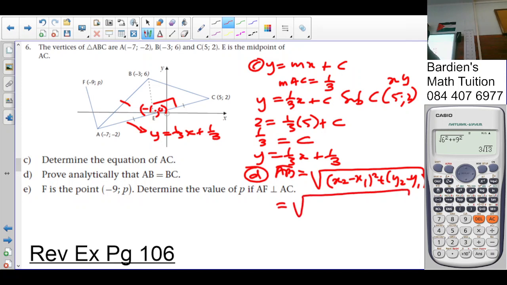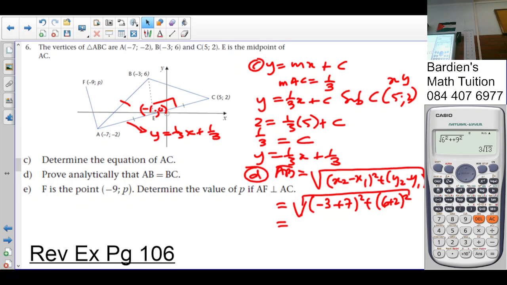So for AB, it's going to be negative 3 minus 7, which is plus 7 squared, plus 6 minus minus 2, so 6 plus 2 squared. Okay, so that's going to be 4 squared plus 8 squared, which is 100, which is 10.